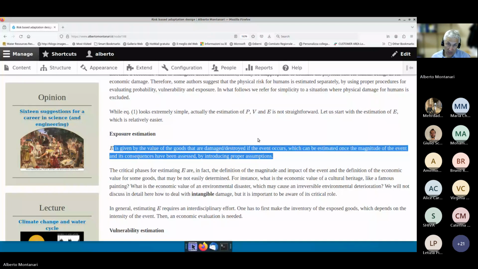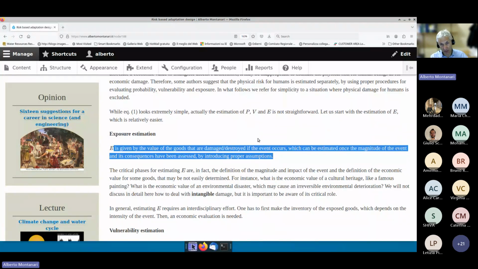So basically, depending on the magnitude of the event, you try to estimate the goods that are destroyed, the goods and the values in general that are destroyed, and then you estimate their value. So you see that it's an estimation that involves a socioeconomic component.